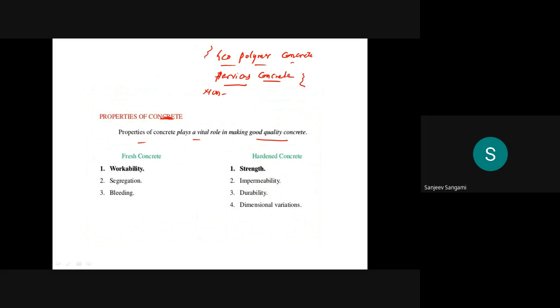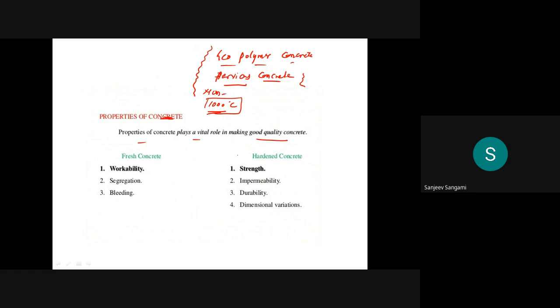Like that, you have low heat concrete, or concrete which is going to resist even 1000 degrees centigrade, high temperature resistant concrete. Like that, many concretes are used based on the application. But the basic properties are those of fresh concrete and hardened concrete.